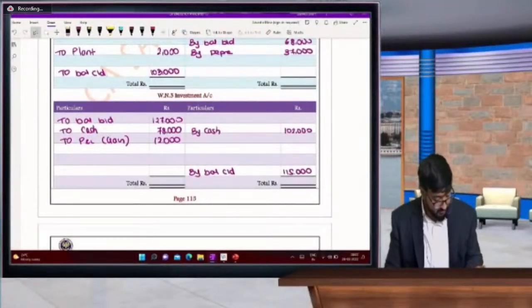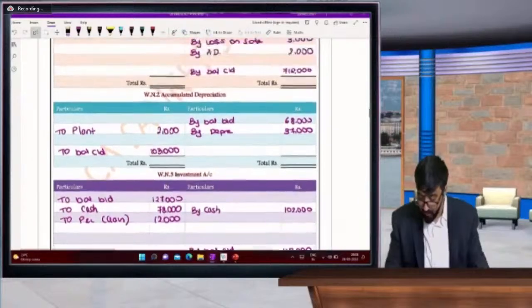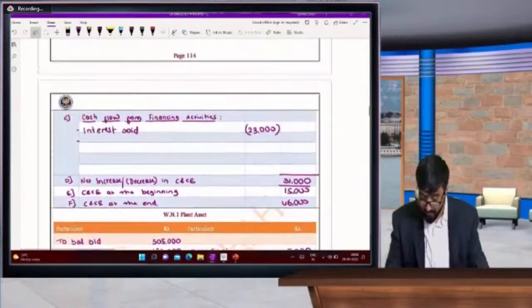Yes, Charan Teja, I hope you understood it. Okay, so accumulated depreciation is over, then plant account, cash received.